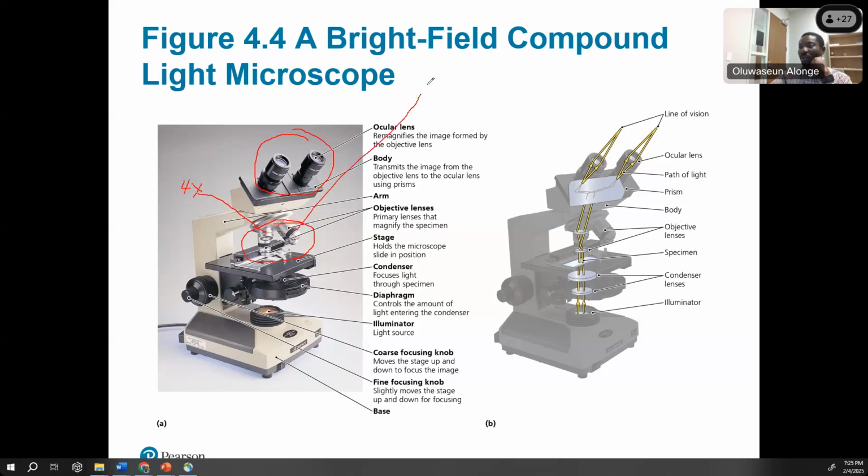The low power has the power to magnify 10 times. The high power has the power to magnify 40 times. The largest one, oil immersion, has the power to magnify 100 times.